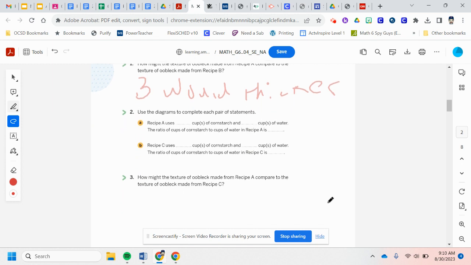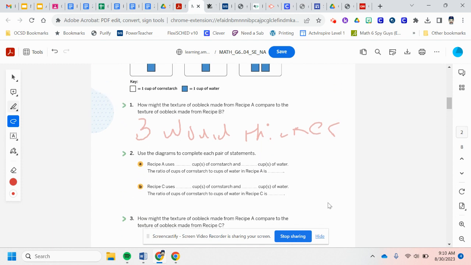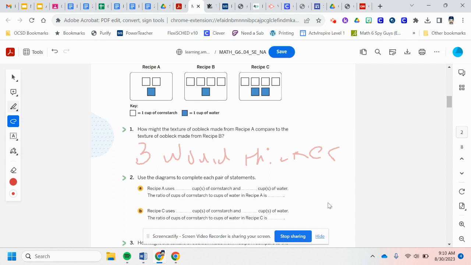So we look at number 2. Use the diagram to complete each pair of statements. It says recipe A uses blank cups of cornstarch and blank cups of water. If you remember, in A, they have 2 cups of cornstarch to 1 cup of water. So the ratio of cups of cornstarch to cups of water in recipe A is 2 to 1.